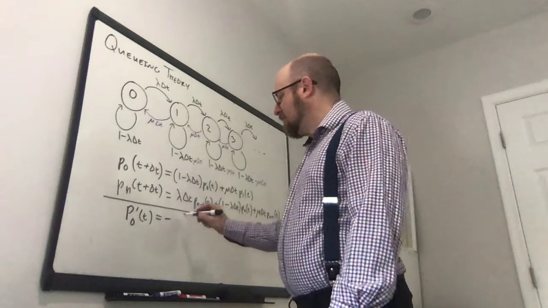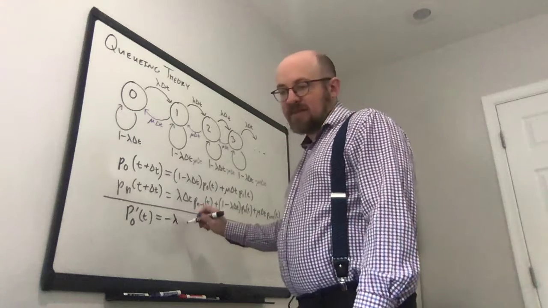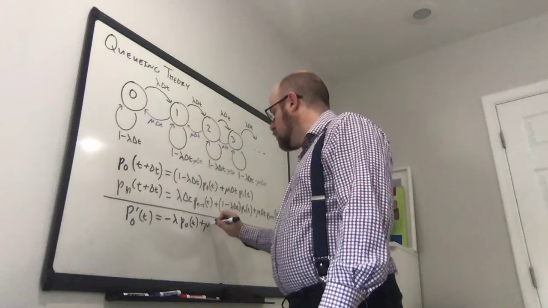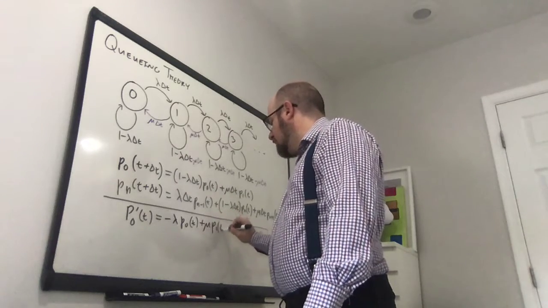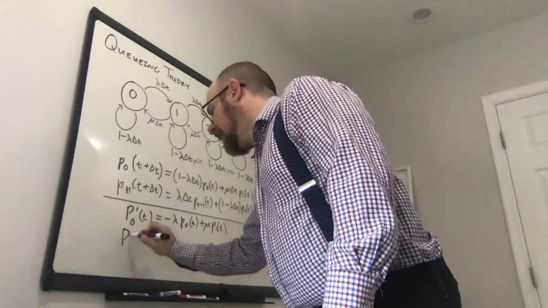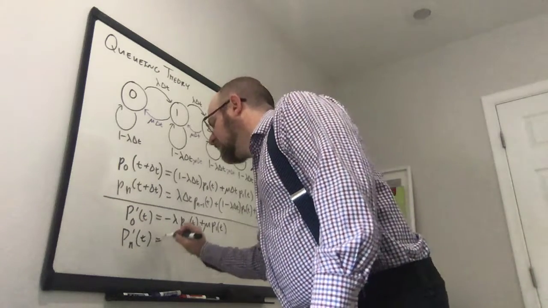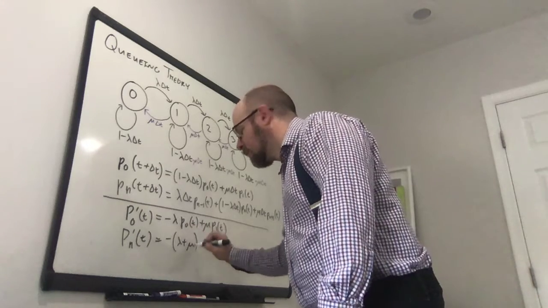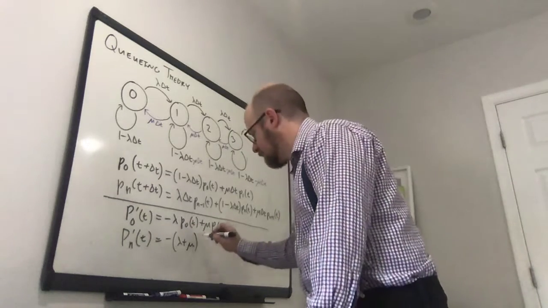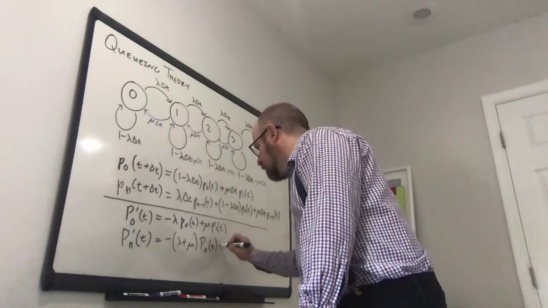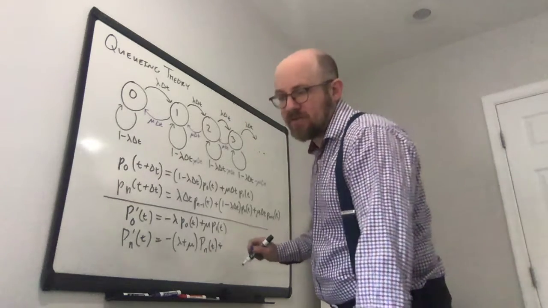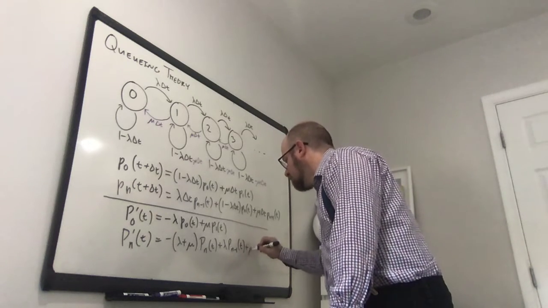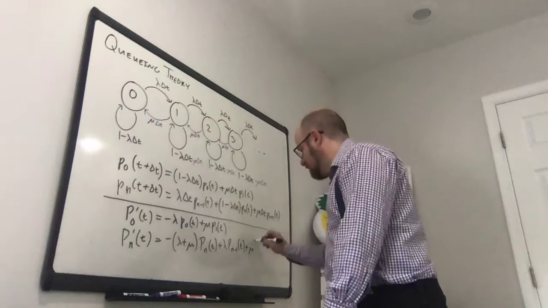So P0 prime of t is going to be negative lambda P0 of t plus mu P1 of t, and Pn prime of t is going to be equal to negative lambda plus mu times Pn of t, plus lambda Pn minus 1 of t, plus mu Pn plus 1 of t.